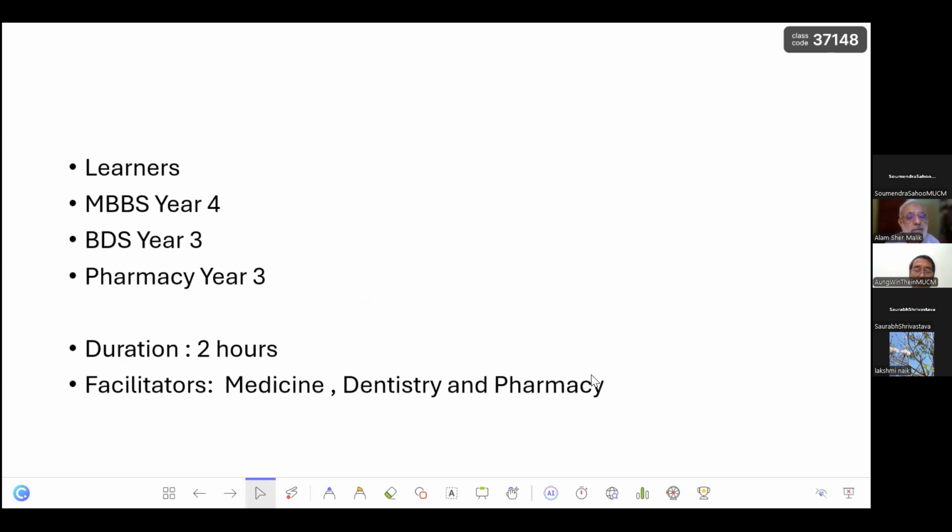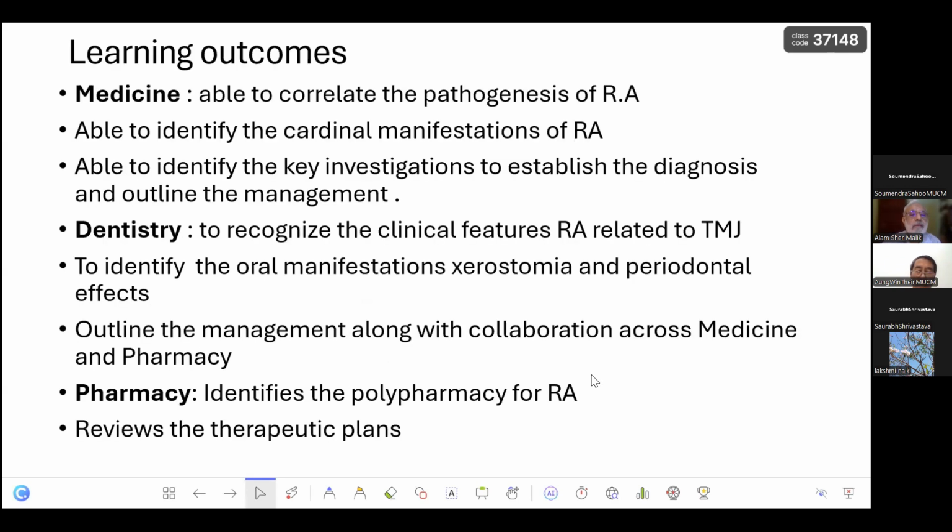And the duration of the session was decided to be 2 hours, and the facilitators will be present from internal medicine, dentistry, and pharmacy. The learning outcomes for medicine were to be able to correlate the pathogenesis of rheumatoid arthritis, identify the cardinal manifestations, identify the key investigations to establish the diagnosis, and outline the management.